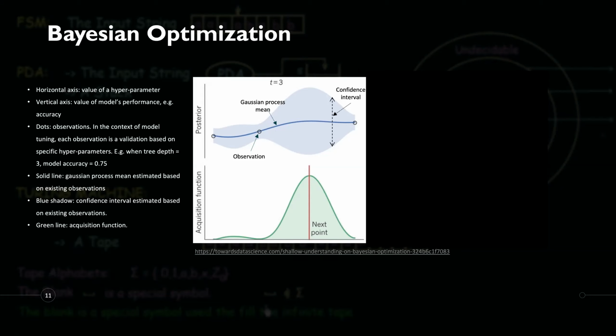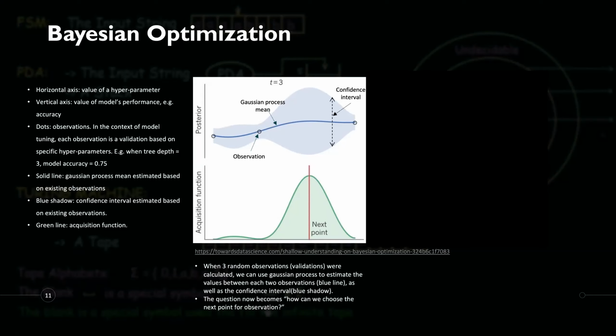But the blue line, the solid line, is what we estimated based on Bayes' theorem. So the blue line is the estimation of the model's performance. This is a little bit of background on how we can read this diagram.